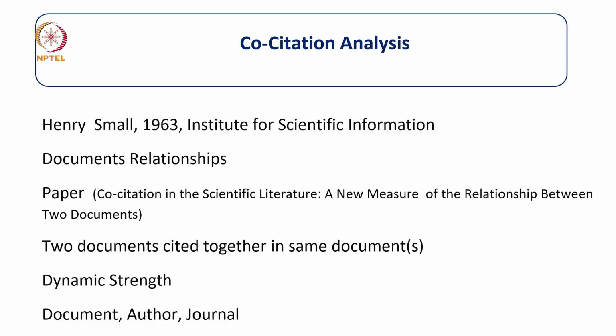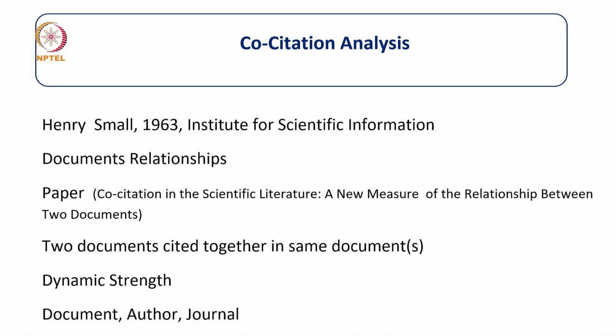Let us now discuss another similar technique known as co-citation analysis. It was given by Henry Small in 1973. Henry Small also discussed the relationship between documents. The earlier one, bibliographic coupling studied by Kessler, analyzes whether two documents share common references or not.